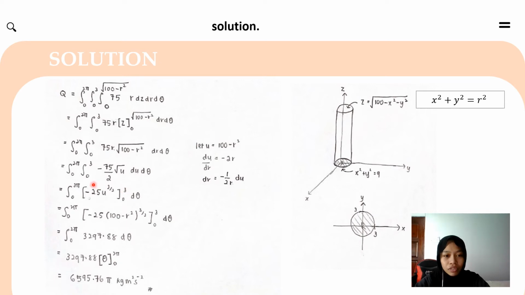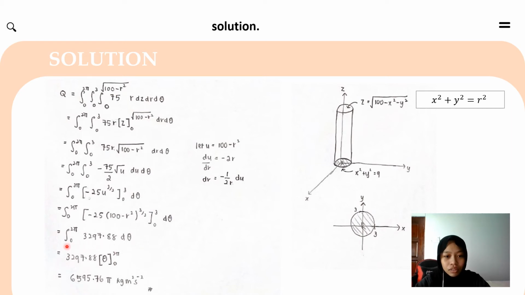But because the limit is for r, we must substitute back r into u. So we have this equation: negative 25 times (100 minus r squared) to the power of 3 over 2 from 0 to 3. Then only can we substitute this limit, and we get this equation.